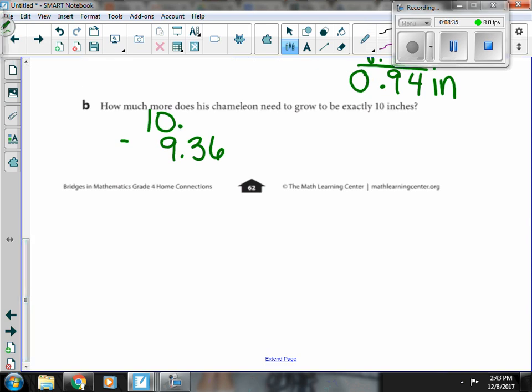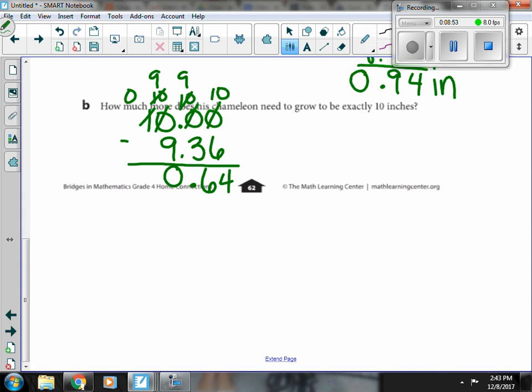Now I need to add my decimal point and zeros so that it looks like a subtraction problem I can handle. And then I need to borrow all the way across my zeros. 10 minus 6 is 4, 9 minus 3 is 6, my decimal point, and then a 0. So he needs to grow 64/100 of an inch more to get to 10 inches.